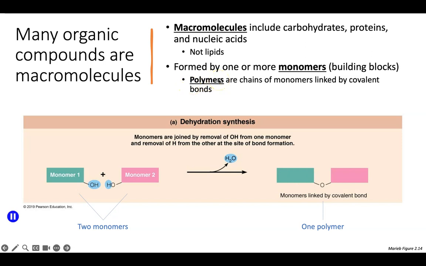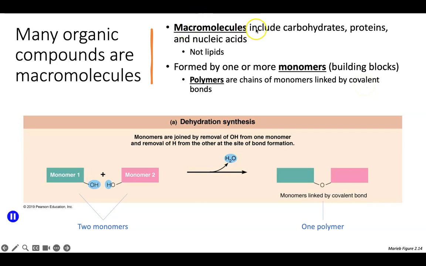So just note this type of definition right now. We have the building blocks, which are like the Lego blocks, the monomers, and the polymers, which are sort of like the Lego structures that are built from the blocks. Those are going to be 2 or more monomers in a chain that is linked by covalent bonds.